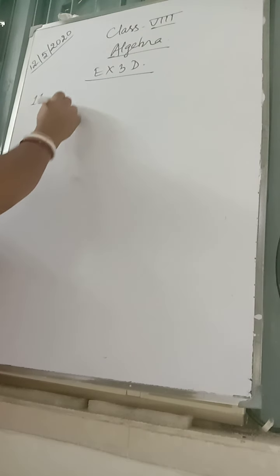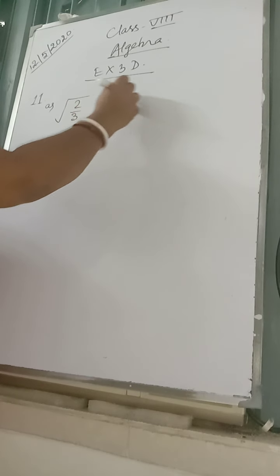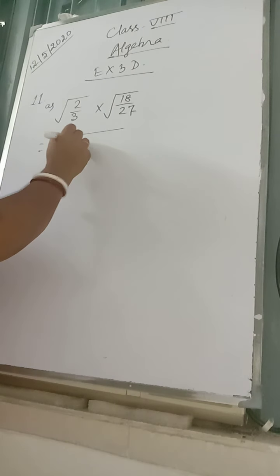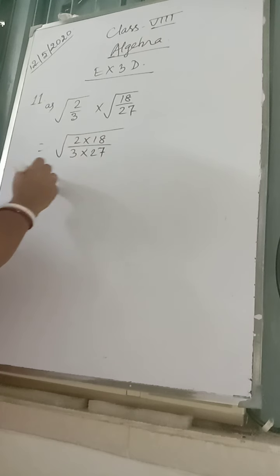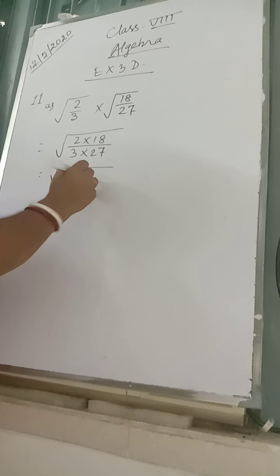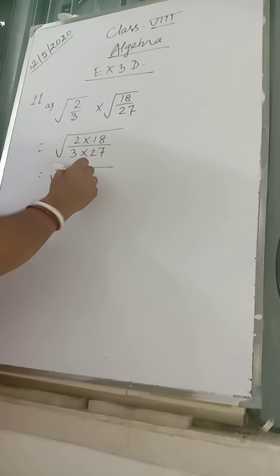11a, you can see it is given under root 2 by 3 into under root 18 by 27. As you know the rule, this is under root 2 into 18 by 3 into 27. Now 18 can be written as 2 into 3 into 3, and 27 can be written as 3 into 3 into 3.